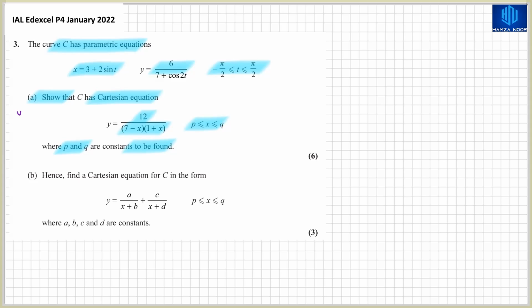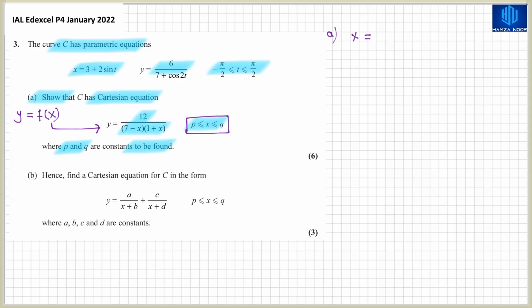First requirement is to find the equation in the form y is equal to f(x), where we need to prove a specific form of f(x), where f(x) is equal to 12 upon 7 minus x times 1 plus x. And the second thing is that we need to tell the domain for the f(x) function, meaning we need to find the range of the values of x. So here I'm going to solve part A.